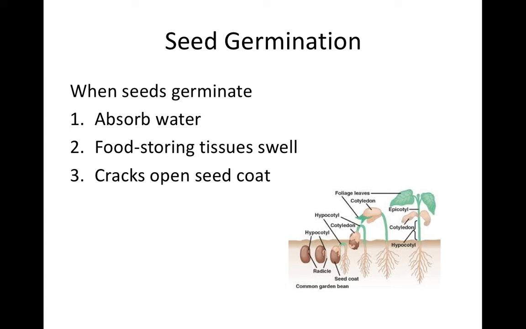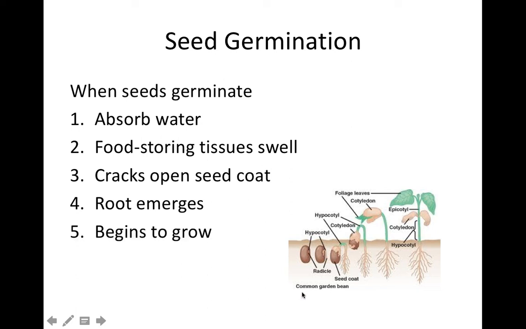When the seed coat cracks, the first thing that comes out is the root, called a radicle. You can see it right here. It's kind of faint, but there's a much clearer diagram in your textbook if you want to look at it. That radicle or root emerges first and starts growing downwards. And then eventually, the rest of the plant will grow as well.